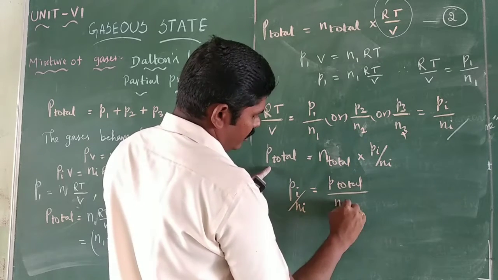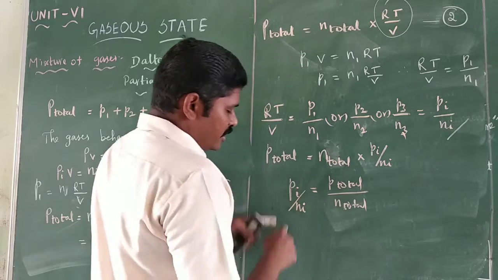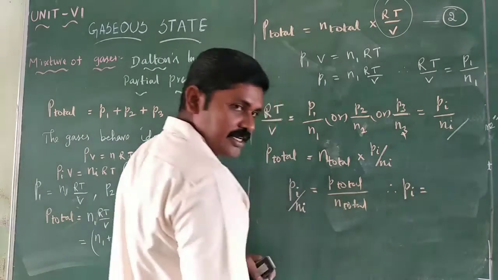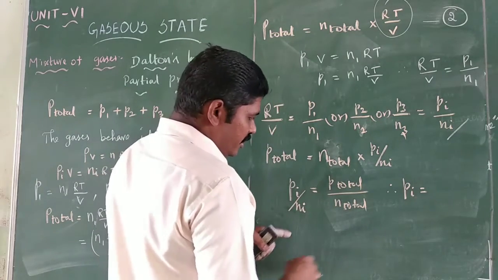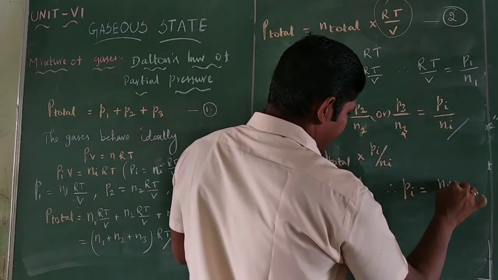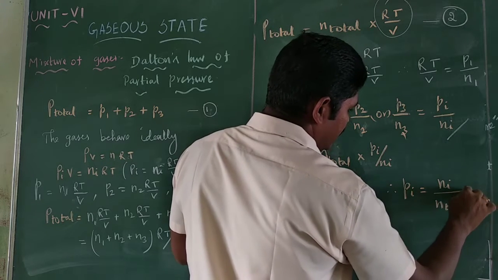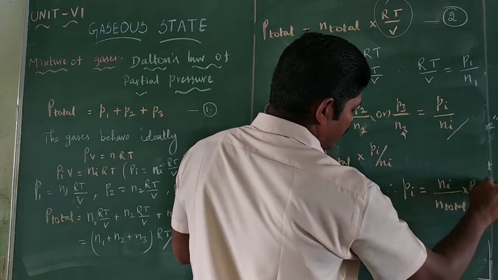Therefore Pi is equal to Ni by N total into P total.